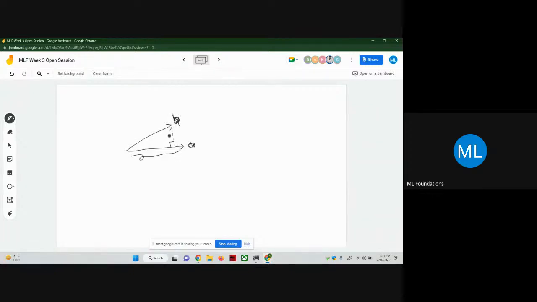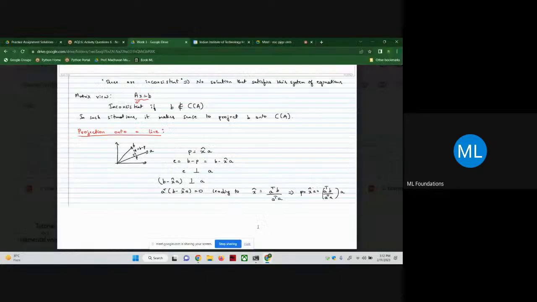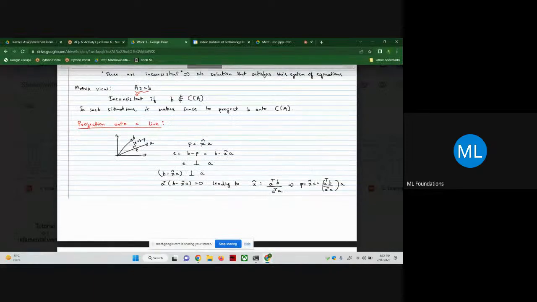Since b is not exactly parallel to A, there is going to be some error. This is the error. Let me call this the projected vector P. So the projected vector P plus this error vector E will be equal to the vector B. If B is exactly parallel to A, then the error will be 0. How do you find this projected vector?